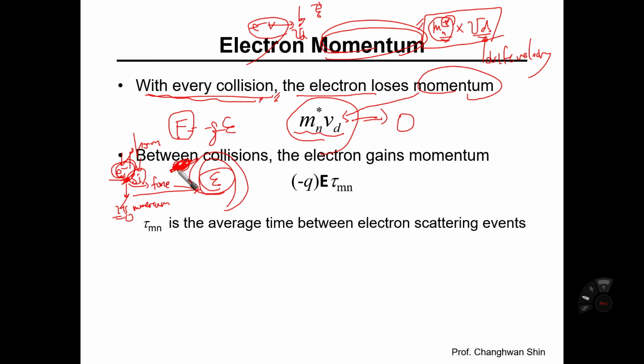So now let's calculate how much momentum the electron can have from the electric field. Let's think about the units for momentum. This unit is kilogram times velocity, centimeter per second.